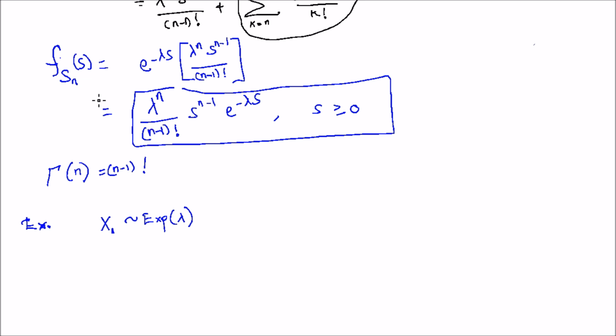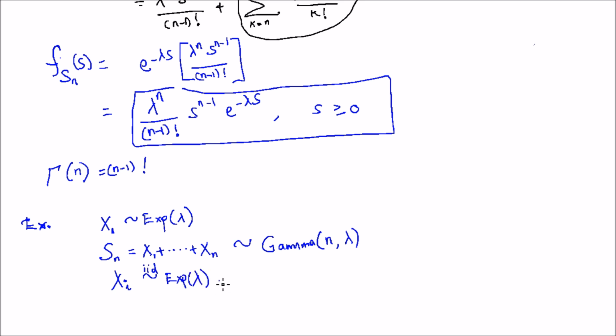And what we've just found now is that the time to the nth arrival, which is x1 plus x2 plus all the way to xn, follows a gamma distribution with the parameters n and lambda. What I want you to show is that each of these x's are IID exponential lambda. Not only the first one, but all the others.